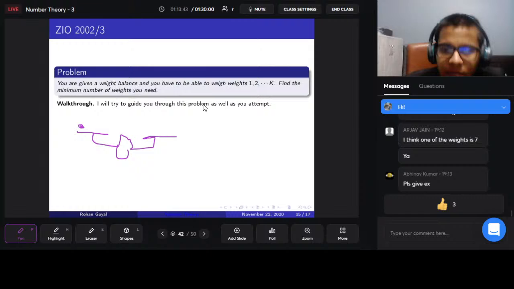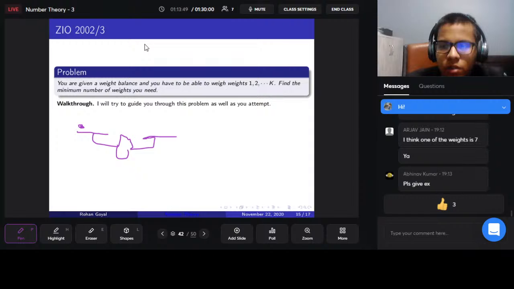For example, if you go to a vegetable vendor, earlier they used to have those weights like 10 gram, 50 gram, and so on. They would weigh how much material you're getting by placing some weights here, placing some weights here, and then balancing with the thing you need to weigh.